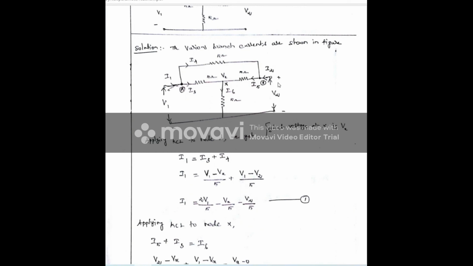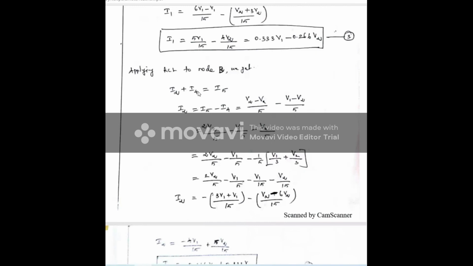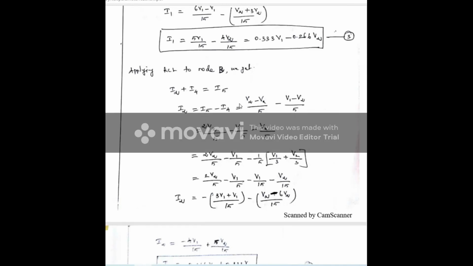So I4 plus I2 equals I5. From this, our aim is to find I2. So I2 equals I5 minus I4. We have to find the values of I5 and I4 and derive the equation.